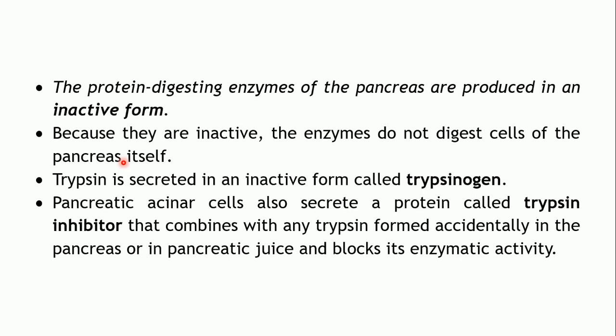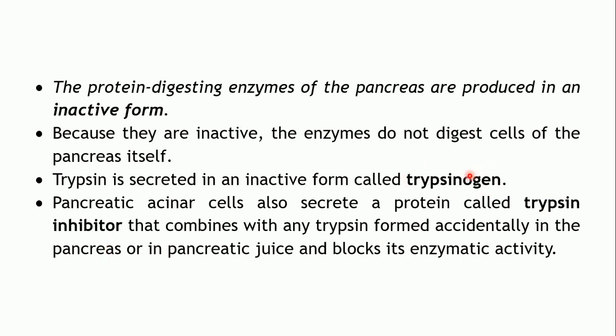So for that matter, these enzymes are produced in the inactive form. These enzymes are never secreted in the active form. Say trypsin, it is secreted in an inactive precursor form known as trypsinogen. And in the acinar cells, a specific protein is also secreted, that is trypsin inhibitor, which will keep this enzyme inhibited.